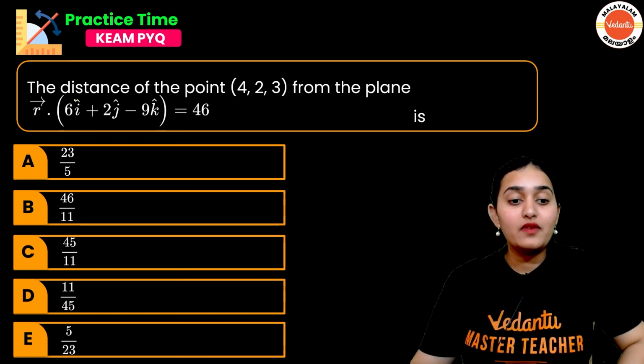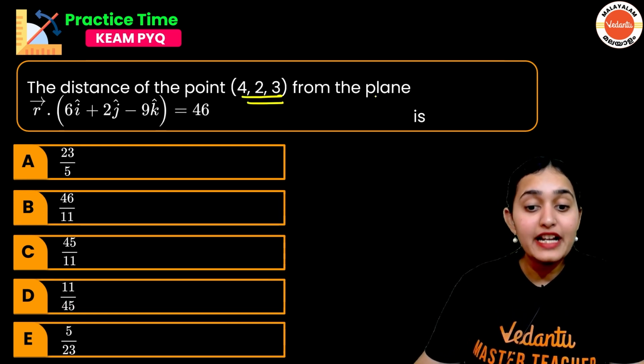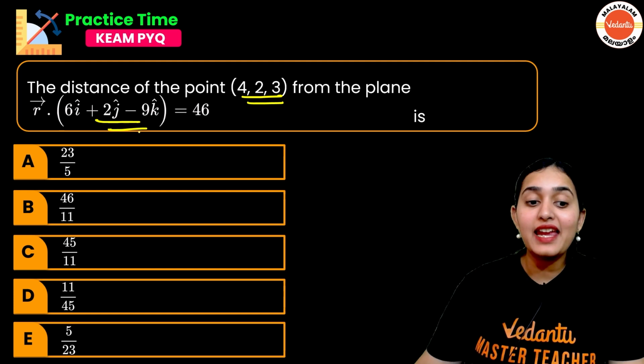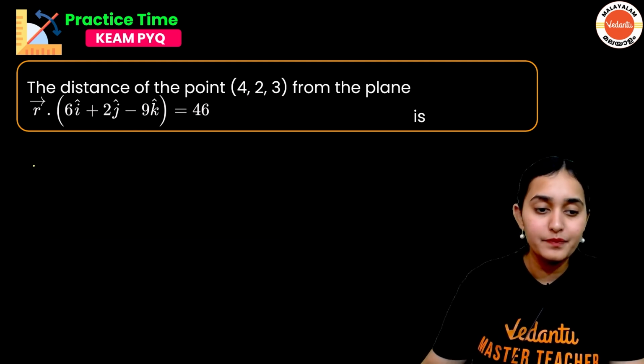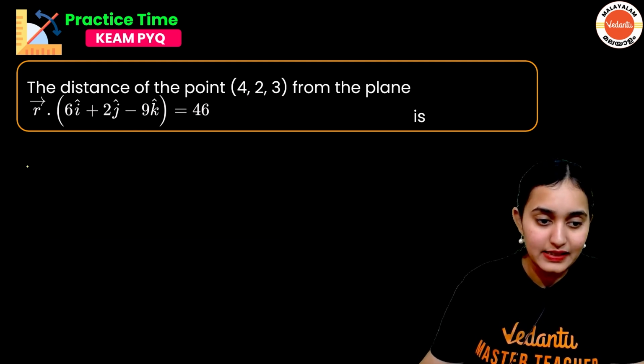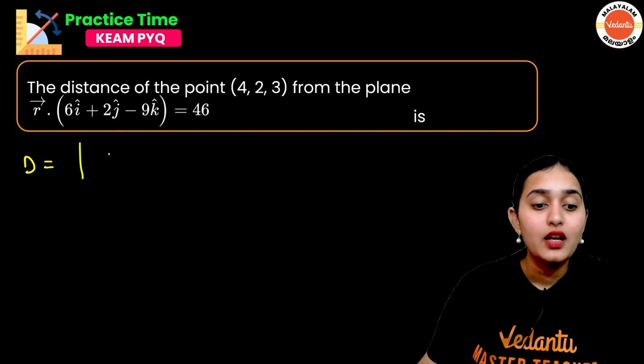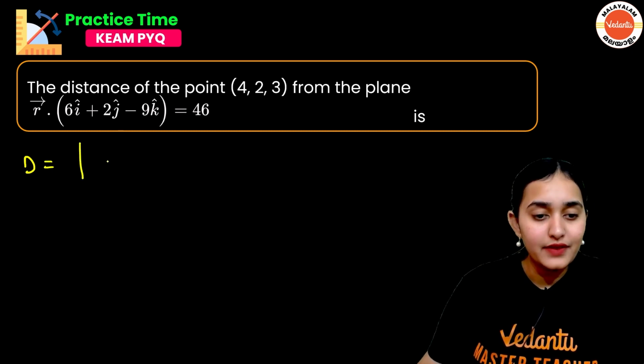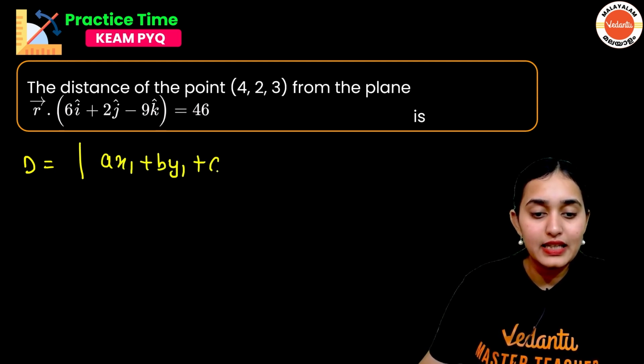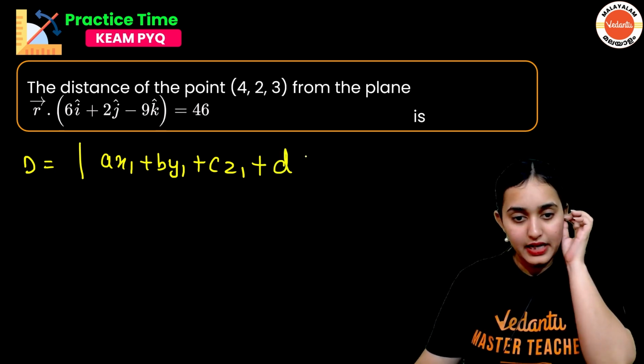Next, what will be the distance of this point from this plane? We have learned the formula. The formula is distance is equal to mod value of a into x1, b into y1, c into z1 plus d, right?